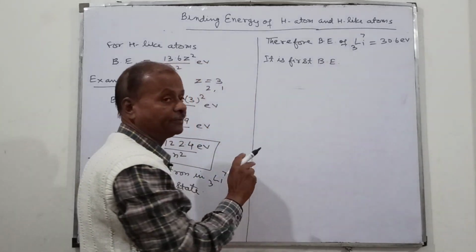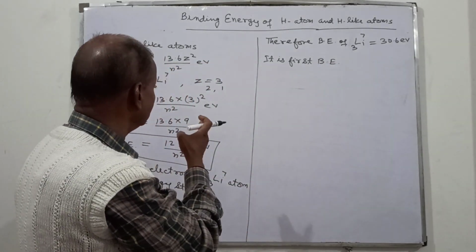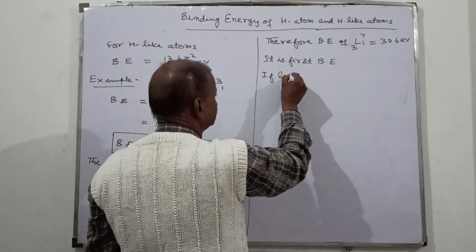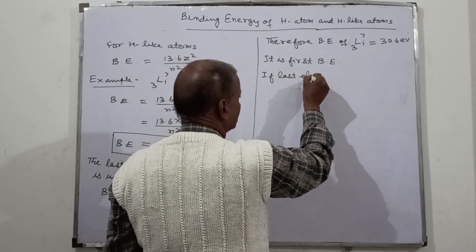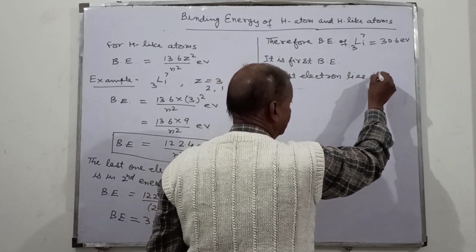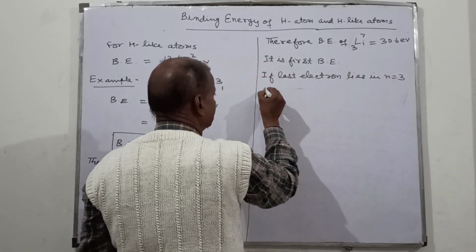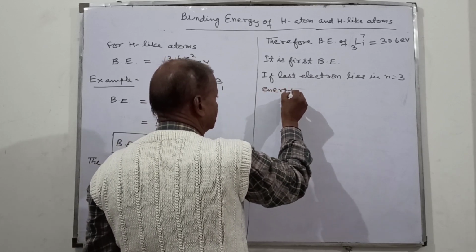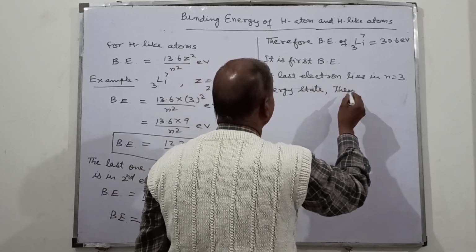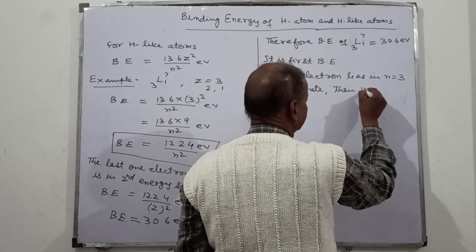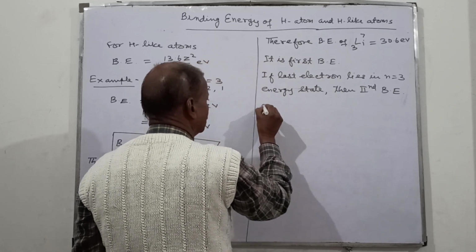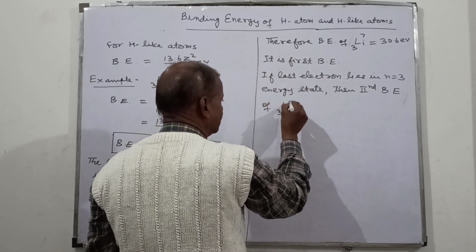If the last electron lies in the N equal to 3 energy state, then we get the second binding energy of the lithium 3,7 atom.